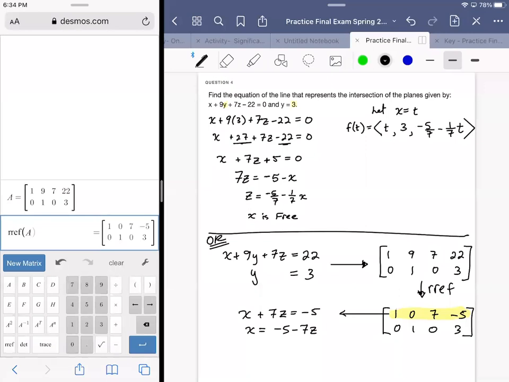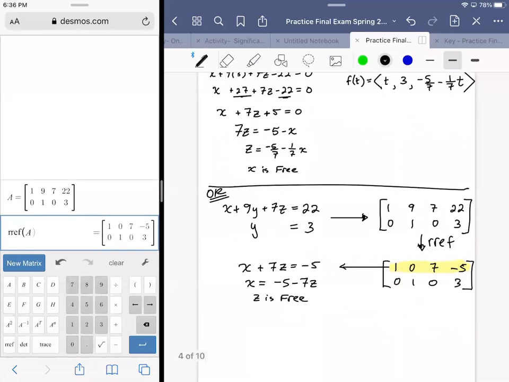Right, so in this case, based off of the row reduction, we're letting z be the free variable. In which case we would have f of t equal to -5 minus 7t, comma 3, comma t, letting z equal t.